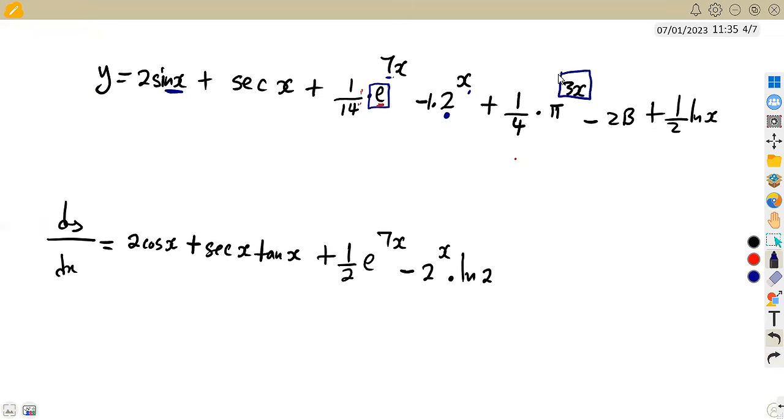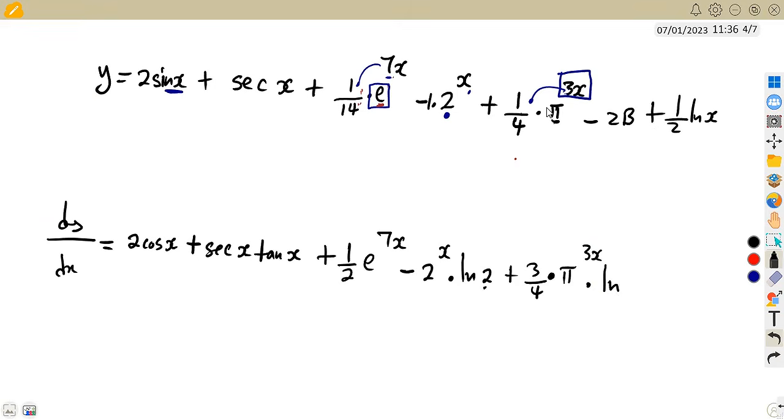This time there's 3x. So this 3 simply multiplies here, just like 7 multiplied here. So it's 3 times 1 over 4, which is going to be 3 over 4 times the base to the exponent of, which remains as it is. So it's pi to the exponent of 3x times the ln of the base, just like ln 2.